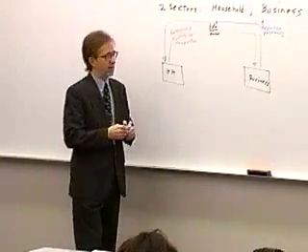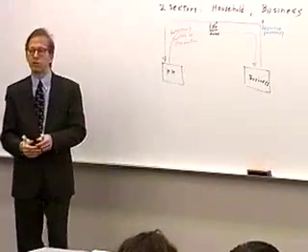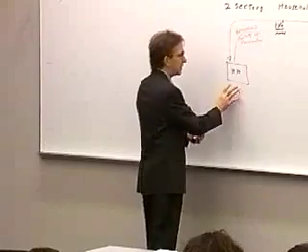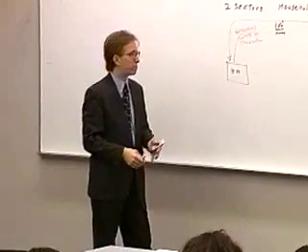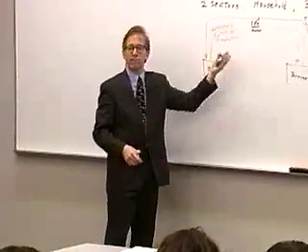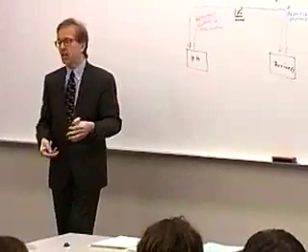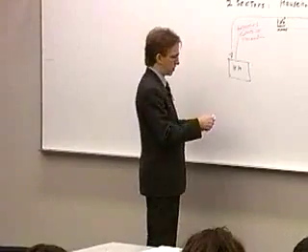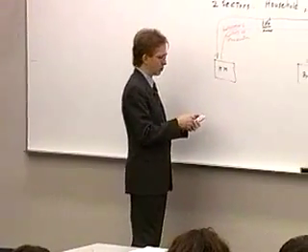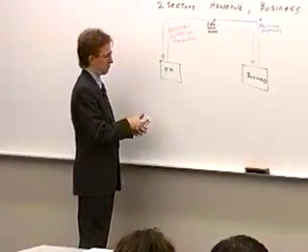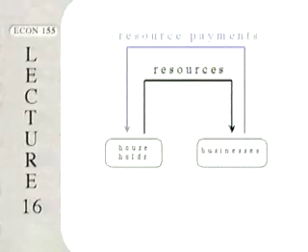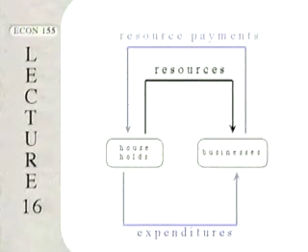Okay? Now, that's one link between the household sector and the business sector. The other link is this. The household sector needs goods and services. You know, these people have gone to work, they've gotten paid, but now they need things like a car, a house, groceries, and so forth. And so the other part of the story is the household sector sends away dollars, the dollars they received just a moment ago. They send away dollars, and these dollars are called expenditures.